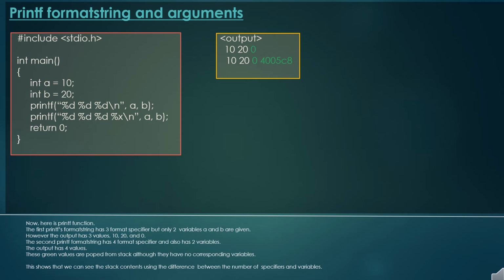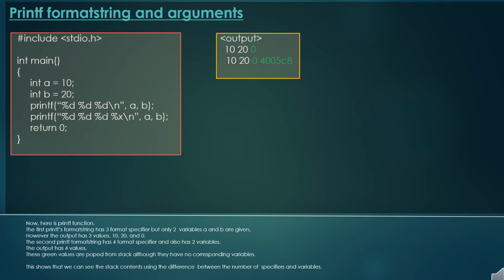Now, here is the printf function. The first printf format string has 3 format specifiers, but only 2 variables, A and B, are given. However, the output has 3 values: 10, 20, and 0. The second printf format string has 4 format specifiers and also only 2 variables.